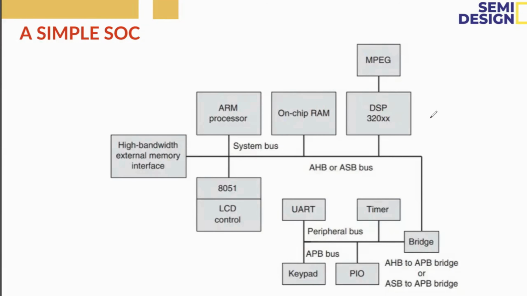Suppose here there is a UART and in the IP there is a GPIO. So how will we create the environment for these IPs?